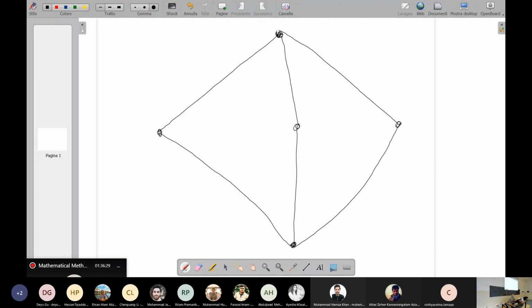This is clearly a bipartite graph. You see? I don't want to put colors there because I'll use quite a lot of colors for something else. But this and this are in one set of the bipartition. This and this and this build the other set, X and Y. So it's clearly a bipartite graph.